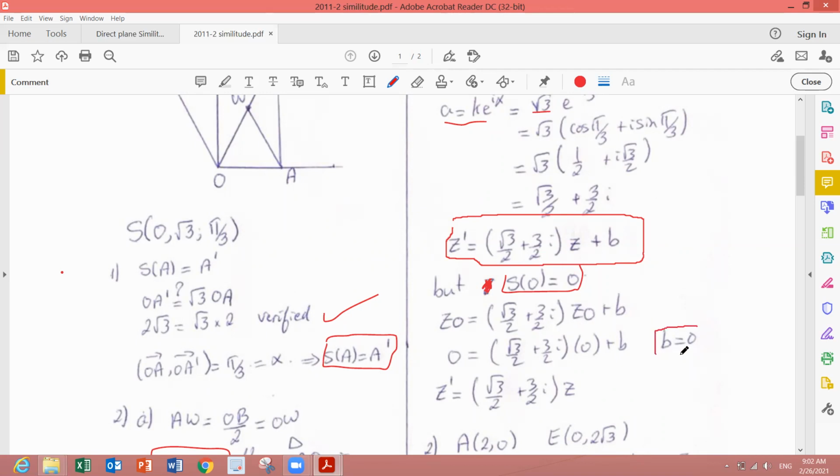So we get B equals 0. And Z prime equals... Done, guys? Yes.